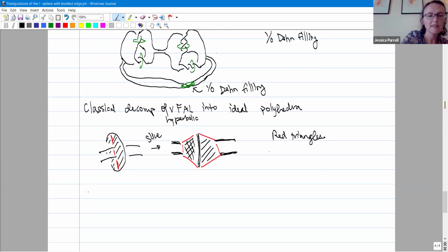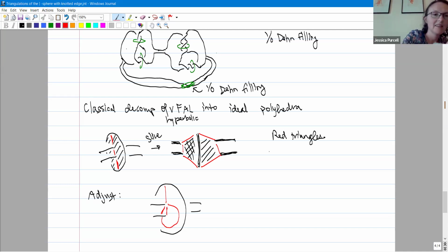Okay, so you can adjust this. Oh, sorry. So then I should say you can subdivide this into a triangulation. Before you do that, let's adjust it a little bit. So instead of triangulating as shown above, just flip one of the edges to look like this. Okay, so I have given a new triangulation.